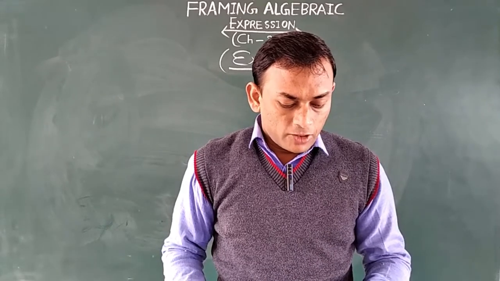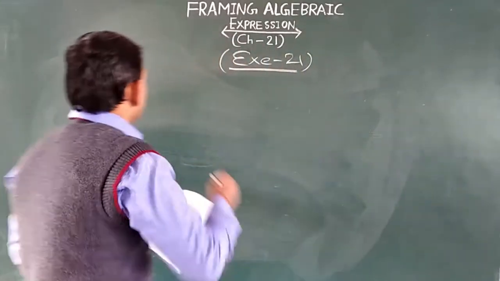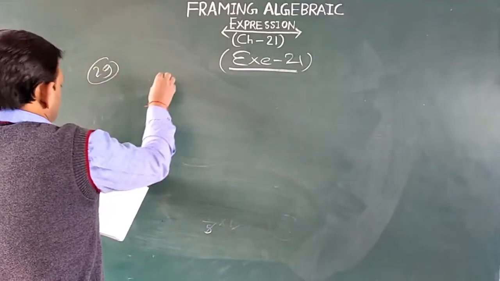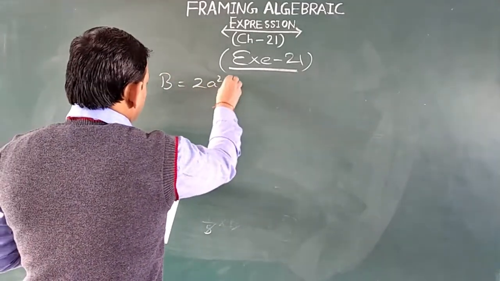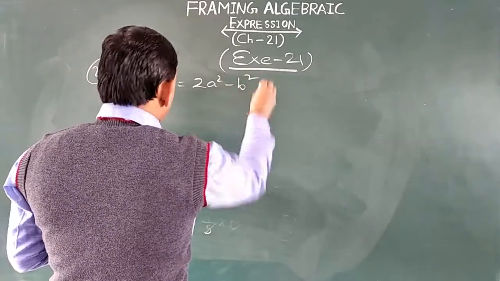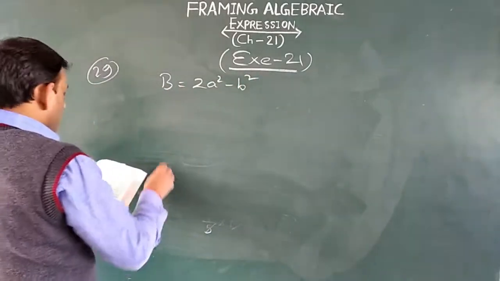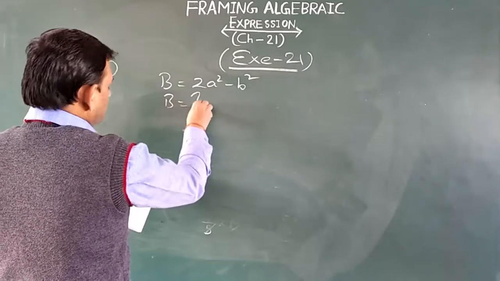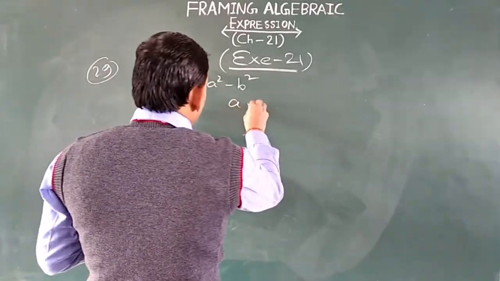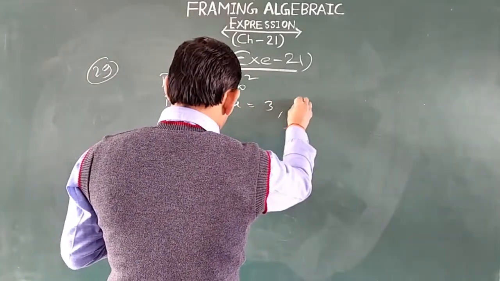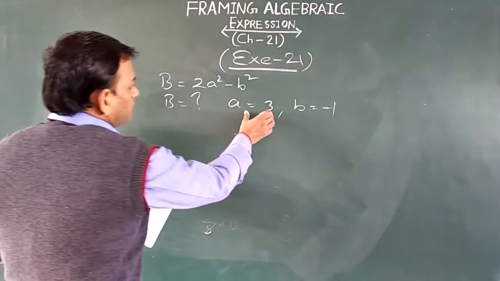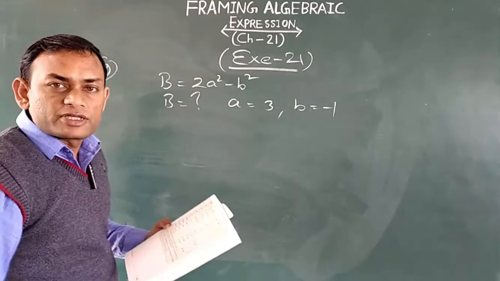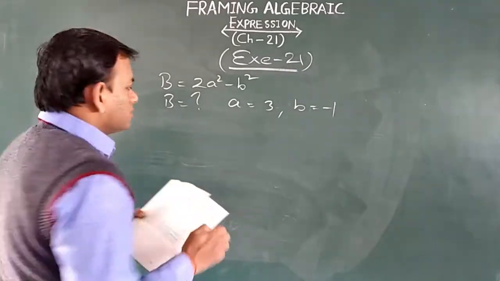Now I am just going to tell you question number 29. The question is saying, from the formula, question number 29, the formula is given, b is equal to 2a square minus b square. So you have to find the value of b, if a is given as 3 and b is given as minus 1. So you will just put the value of a and b in this algebraic expression to find the value of b.